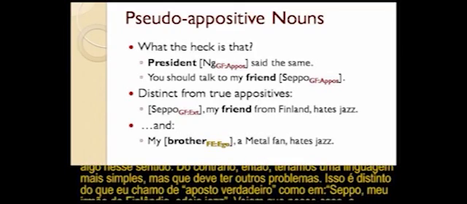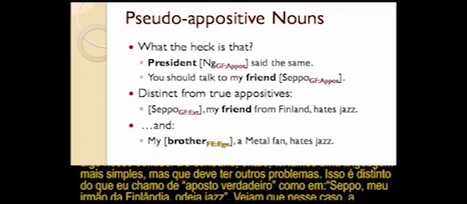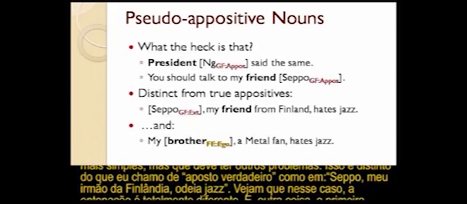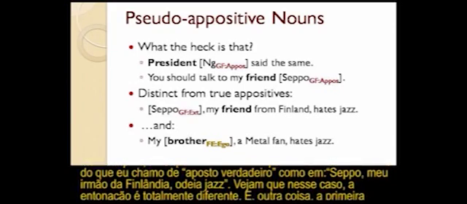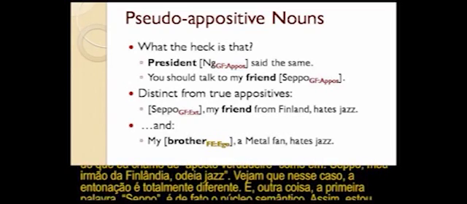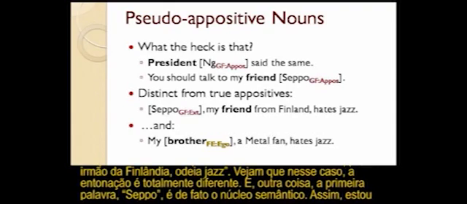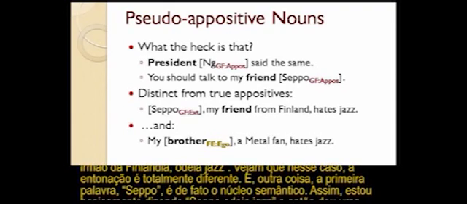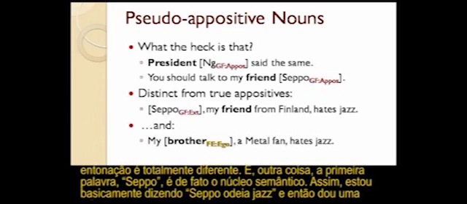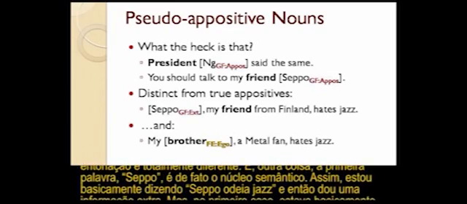So they are distinct from what are called true appositives. So things like Seppo, my friend from Finland, hates jazz. So you can sort of see that in that case, for one thing, the intonation is completely different. And for another thing, the first word, Seppo, is actually the semantic head in this second kind.